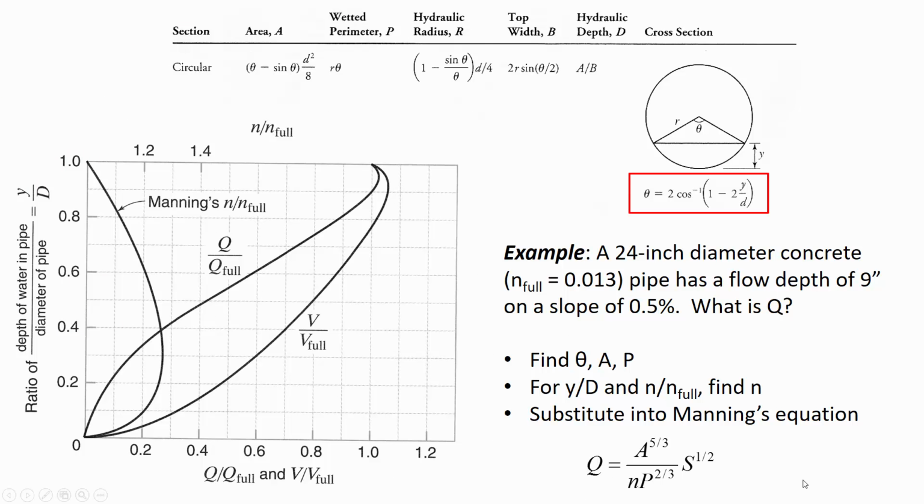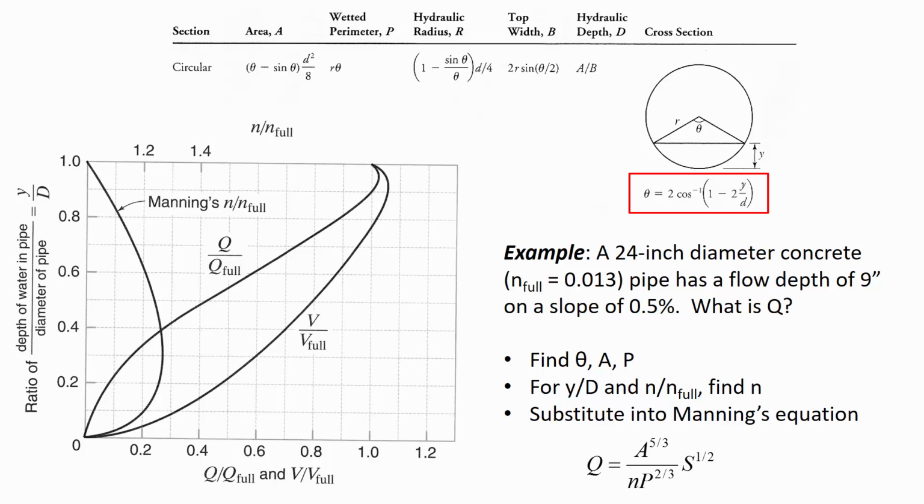All right, so we know that the ratio of y to D is 0.375, right? So 0.375 is up here. We're going to go over and find the curve for n to n full, and then up. So 0.375 up.